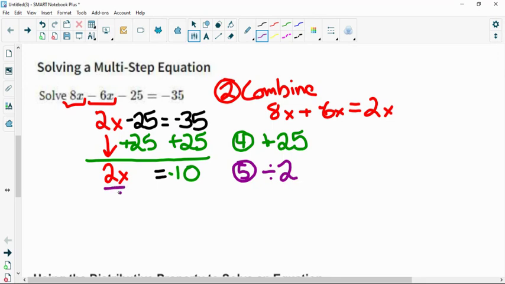The opposite is to divide by 2. So we'll divide both sides by 2. 2 divided by 2 is 1x. And negative 10 divided by 2 is negative 5.